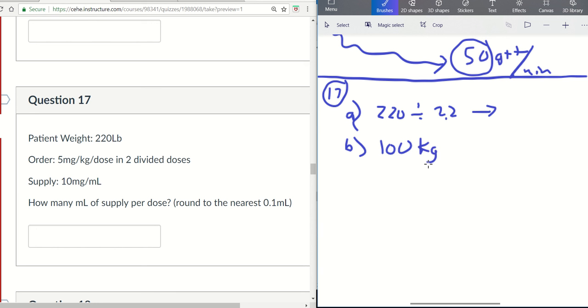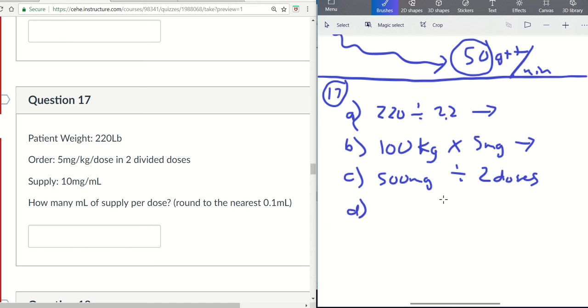100 kgs. All right. Next step is to multiply by the order, which is 5 milligrams per dose. Once you get the daily amount, you may need to divide by the number of doses, in this case 2 doses.